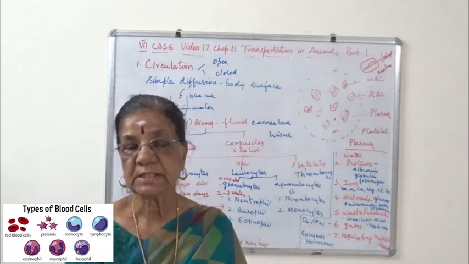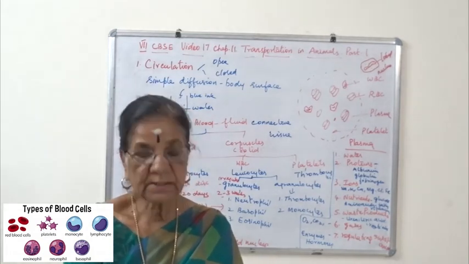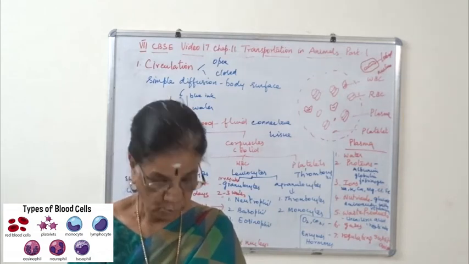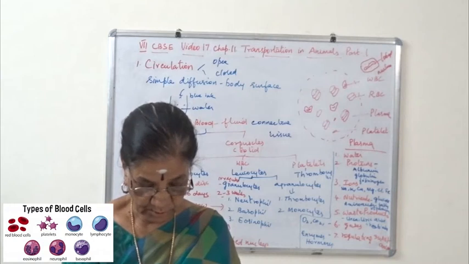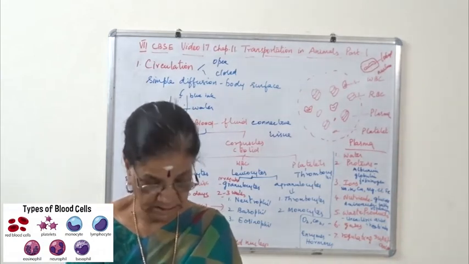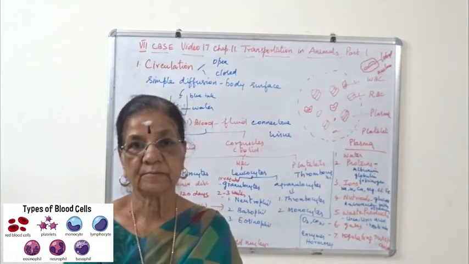For short answers, listen carefully. What are the plasma proteins and their functions? You will say albumin, globulin and fibrinogen, where albumin is for osmotic pressure, globulin for antibody formation and fibrinogen for blood clotting.